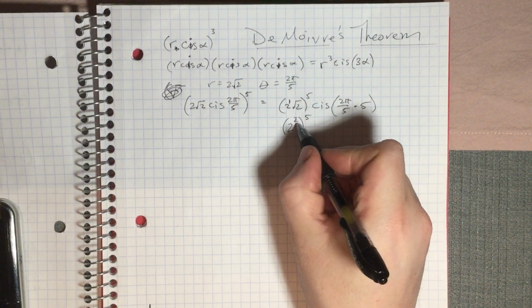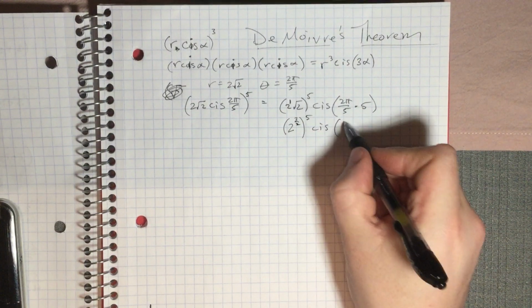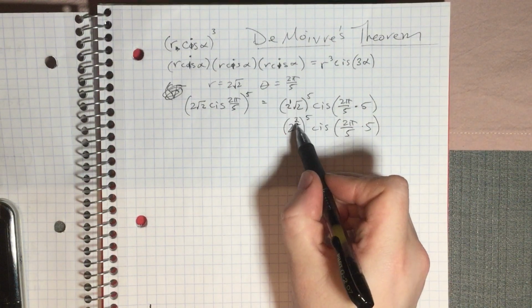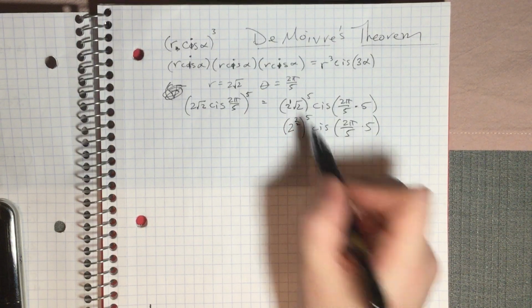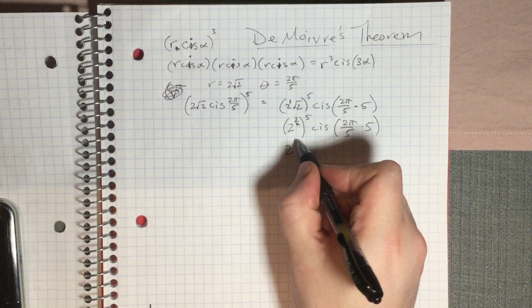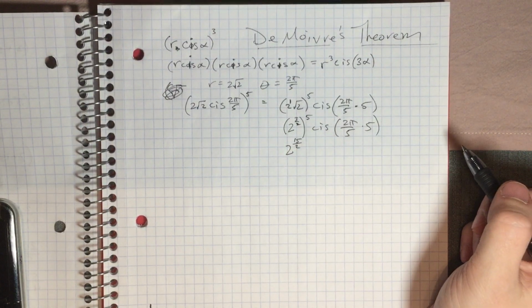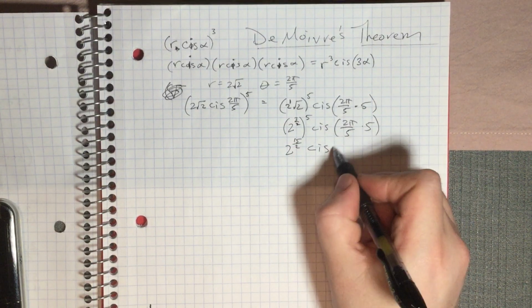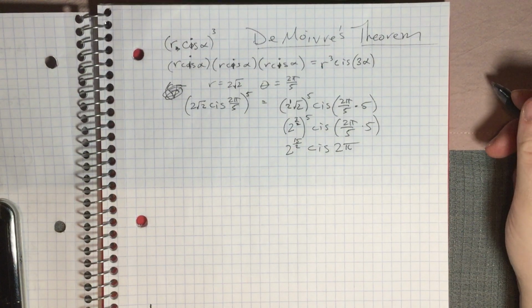Now we're raising that to the 5th, and cis 2 pi over 5 times 5. 2 to the 3/2 to the 5th would be 2 to the 15/2, cis, and that's really just 2 pi.